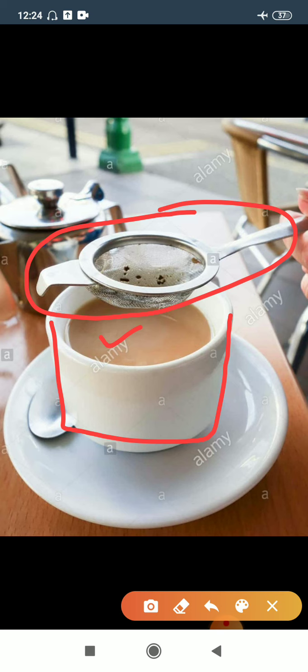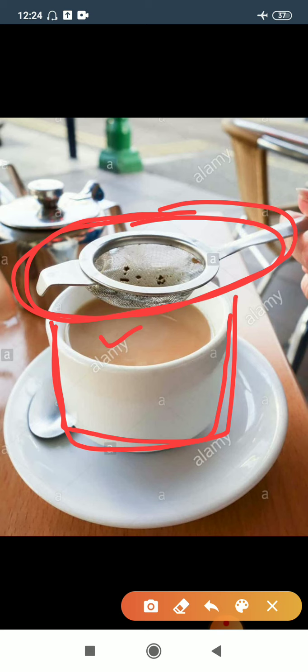Tell me, students, when your mom gives you tea in the cup, does she directly pour the tea into the cup? No, she will use this strainer before she gives you this cup of tea for drinking. Now tell me, this strainer works on the basis of which principle?